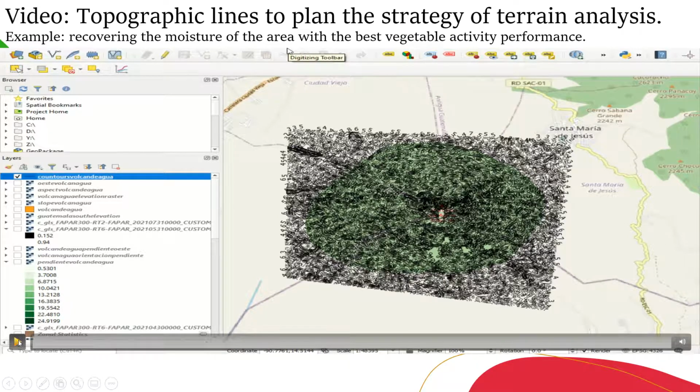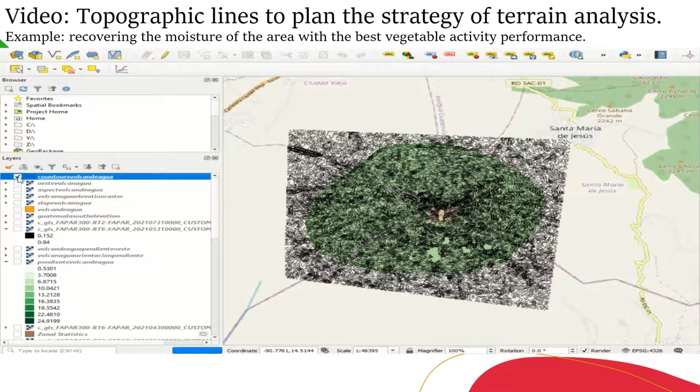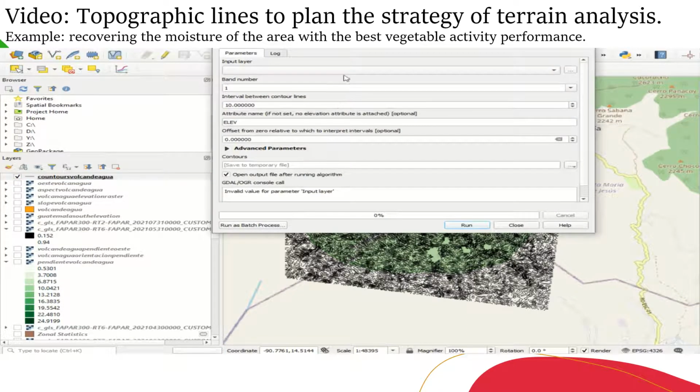Okay, so here we have contour lines for a volcano. Then we are going to learn how to get this topography, and then how to get the labels to have the information of the contour line data.